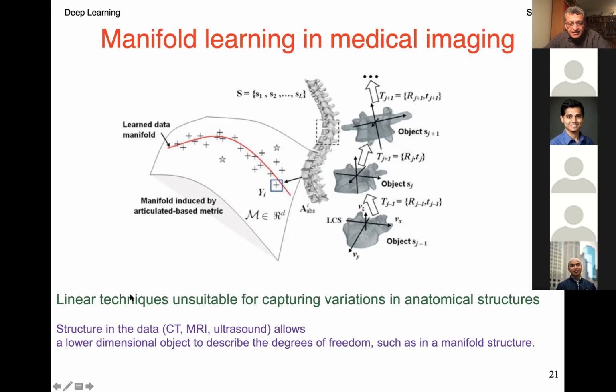And they're saying linear techniques are unsuitable for capturing variations in anatomical structure. So if you want to talk about how the spinal cord is twisted or changed, the location, the medical folks found that this manifold way of representing it makes sense, that is how the spinal cord can vary.